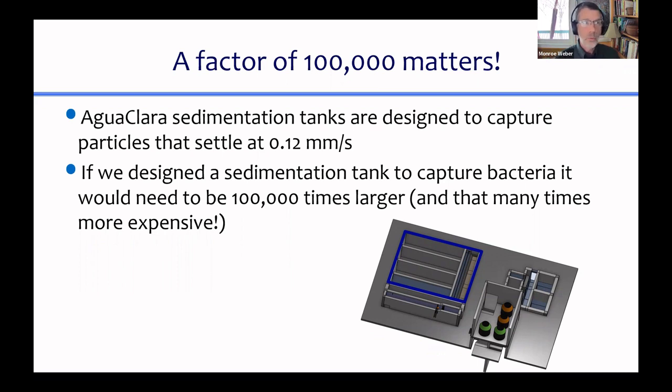If you were waiting for a bacteria cell to settle, you would need a sedimentation tank that is on the order of 100,000 times larger than the sedimentation tanks that Agua Clara builds, which would mean that they would cost on the order of 100,000 times more.